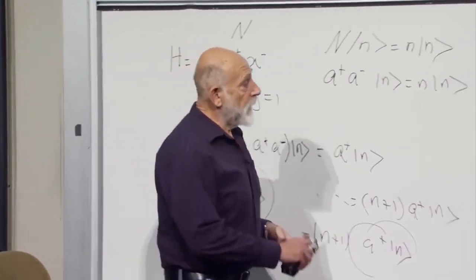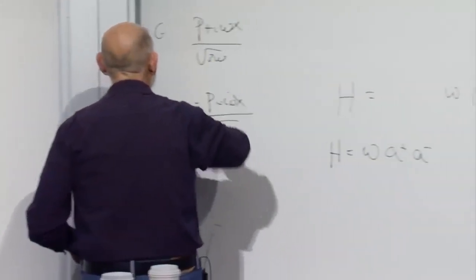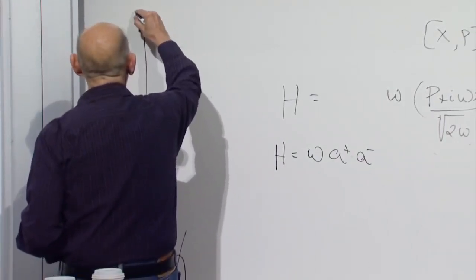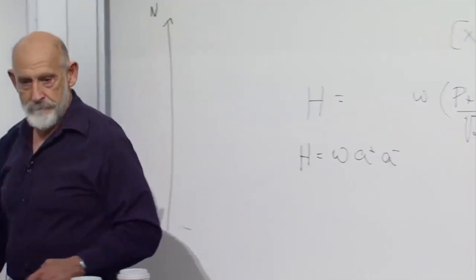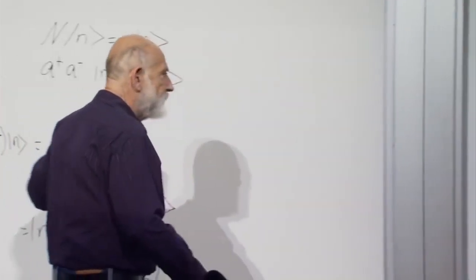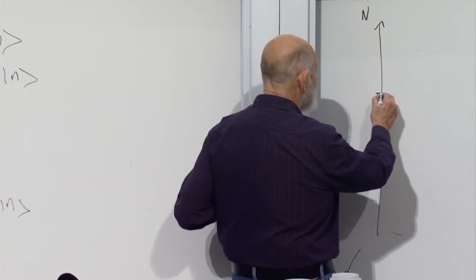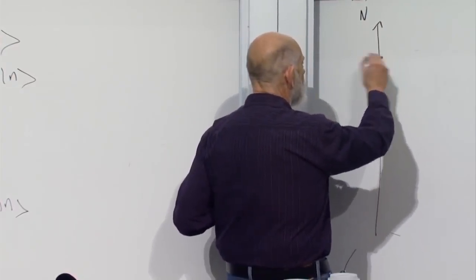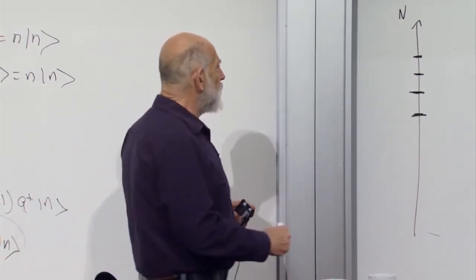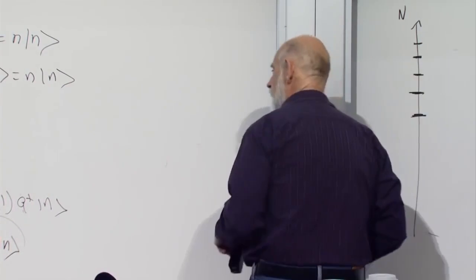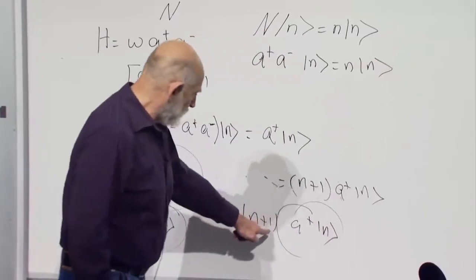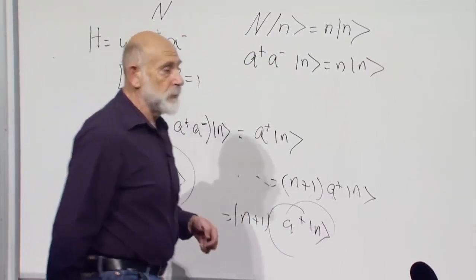Okay, so here's what we found pictorially. If I plot on the vertical axis here the eigenvalues of N, then if I find one, little n, there's another one above it, and another one above it, unless, of course, I run out. But we're going to prove that we can't run out. Each one is shifted by 1 unit: n plus 1, n plus 2, and so forth.